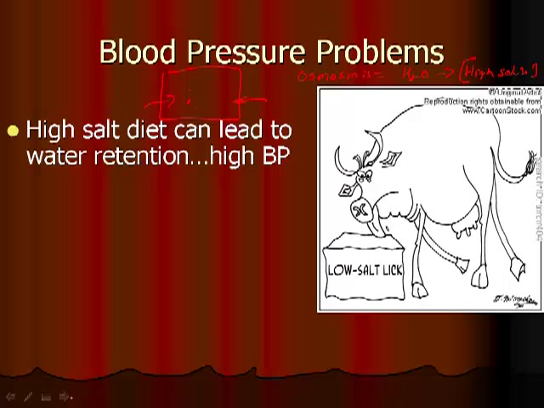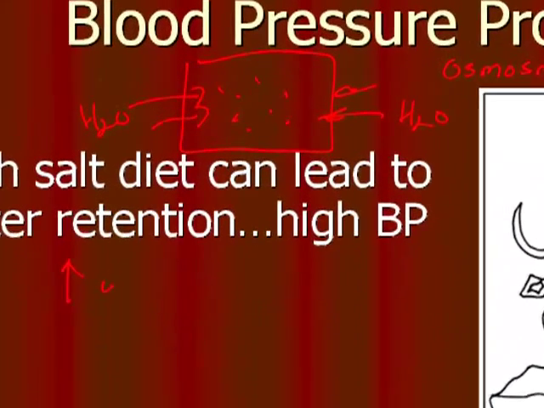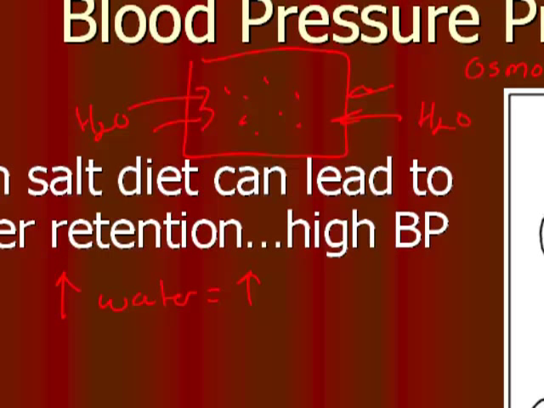So for example, if there's lots of salt in a blood vessel, water from our tissues is going to want to absorb or move into those vessels. And we know that if more water is increasing, there's going to be more volume. So more water equals more volume. And if it's the same size vessel, it's going to increase the pressure.